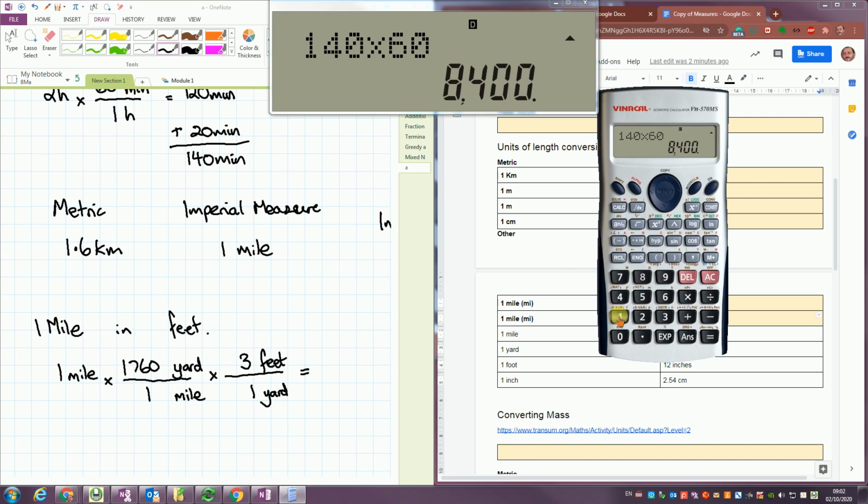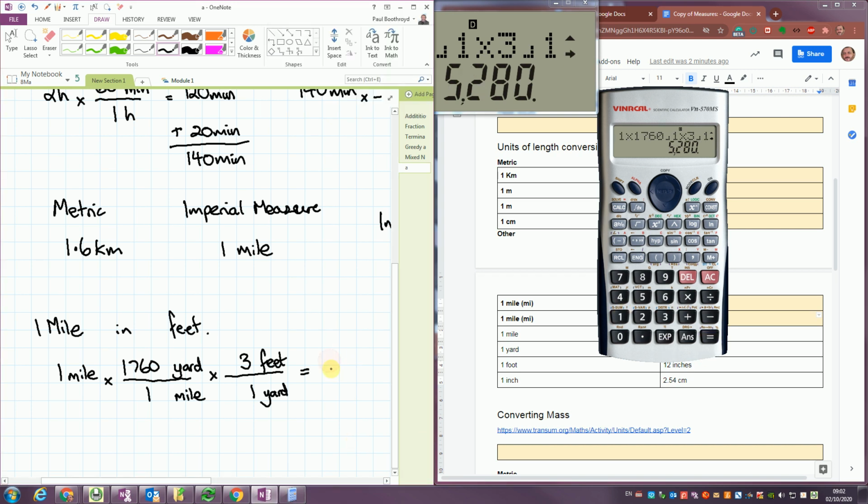I've got 1 mile times 1,760 as a fraction over 1 mile. That's converting to yards. And then convert yards to feet. So 3 feet is the same as 1 yard. And that tells me I've got 5,280 feet in a mile.